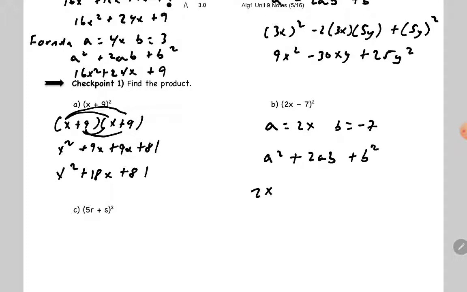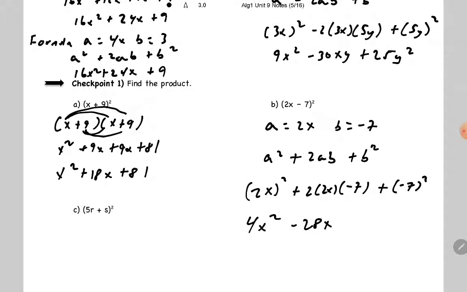So this would be (2x) squared plus 2 times 2x times -7 plus (-7) squared. So this would be 4x squared plus 2 times 2 is 4 times -7 is -28x plus 49. And then we'll be done.